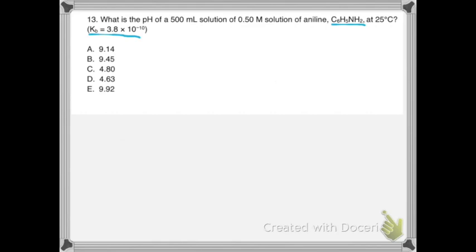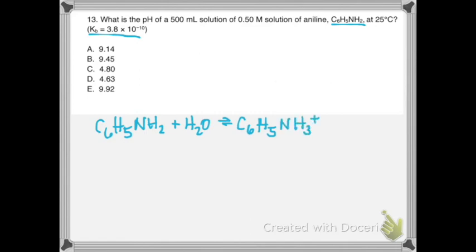Okay. So let's start by writing the reaction. C6H5NH2 plus water in equilibrium with the protonated aniline and hydroxide.